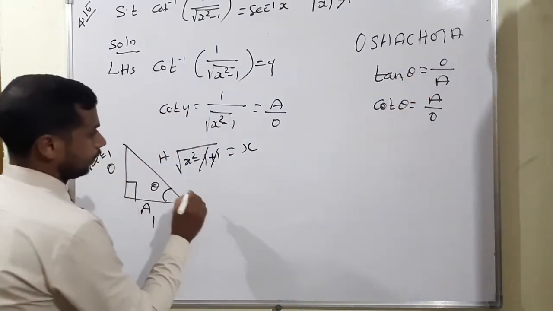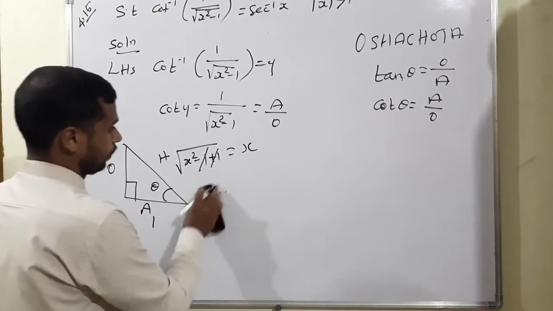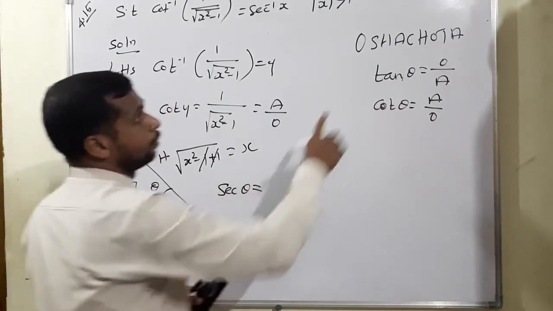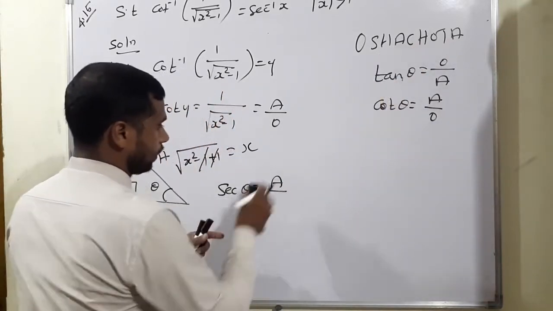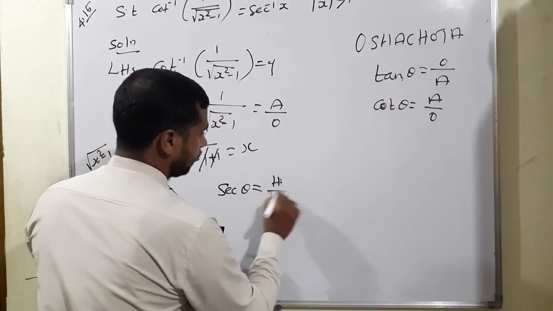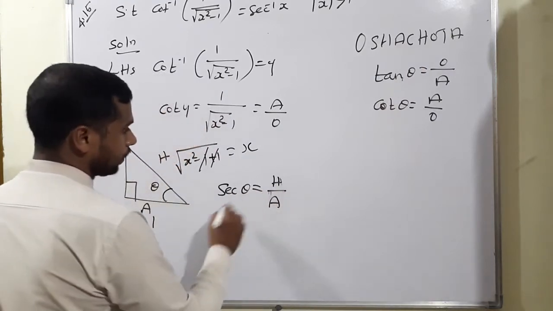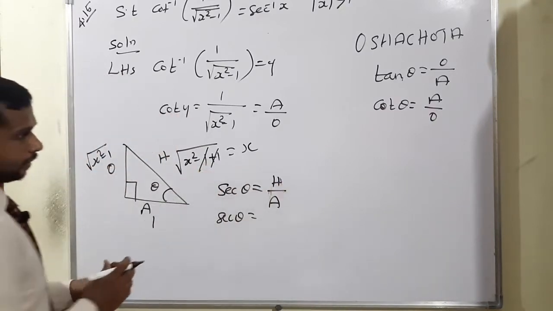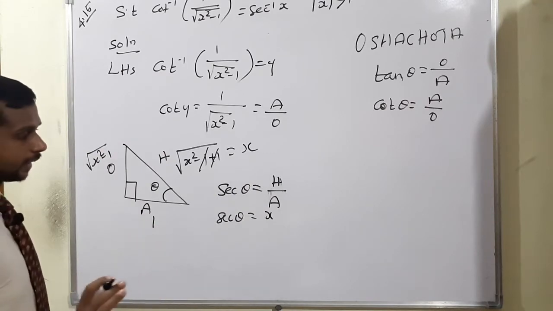Therefore secant theta is hypotenuse divided by adjacent. The hypotenuse value will be x, divided by 1, so x only will come.